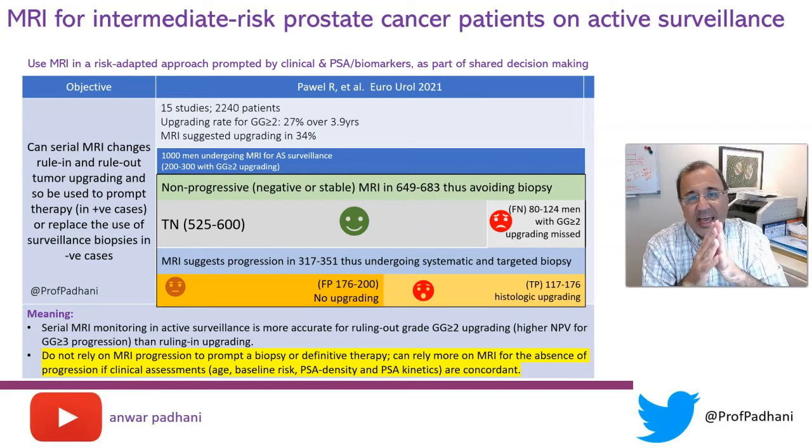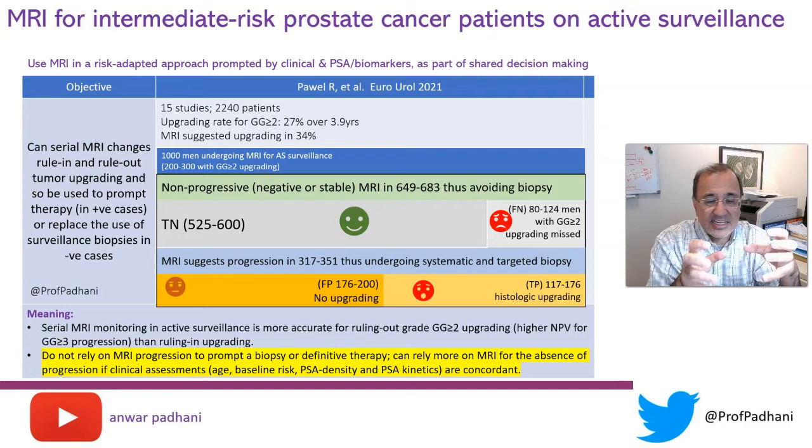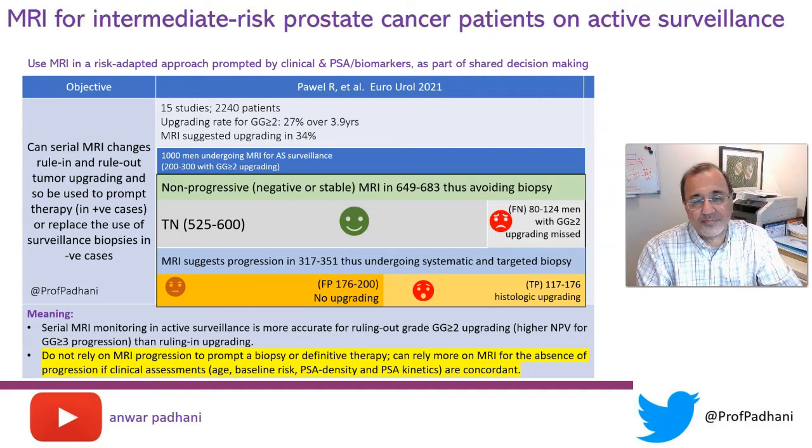You should be using MRI as part of a multi-parametric assessment, looking at baseline risk, PSA density, and clinical findings, and only when they are concordant should you be intervening. And this speaks to the use of MRI as something that occurs after clinical suspicion, not at the same time.